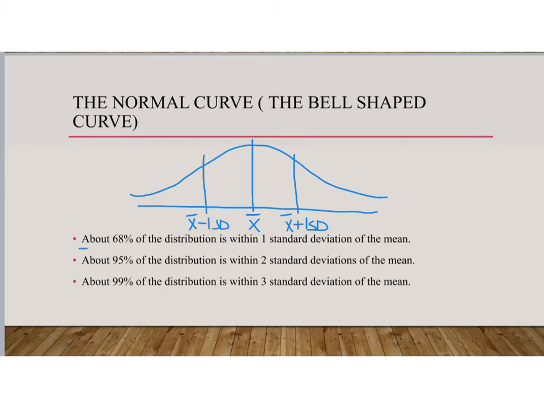About 68% of the distribution will be within one standard deviation of the mean. So in this range, about 68% of our data would be there. You can tell that this graph is symmetrical, so this would be 34% and 34%.